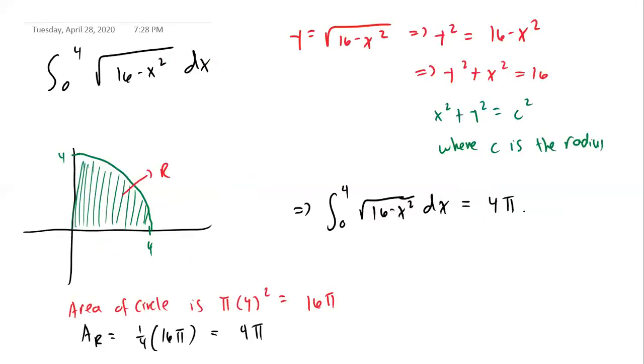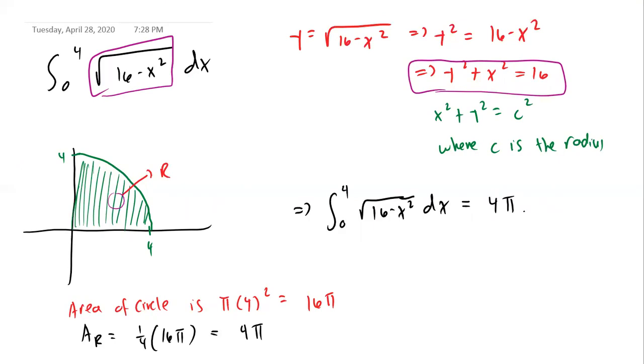We also did an example with the circle, right? Because we had this equation here, and I said, well, look at that, set that equal to y, and then square everything. And you see that you end up with an equation of a circle of radius 4. And then you realize, oh, this is just a fourth of the area of the circle, right? This region in green. So, well, the full area of the circle is pi r squared, divide that by 4, and that's the area of this region.